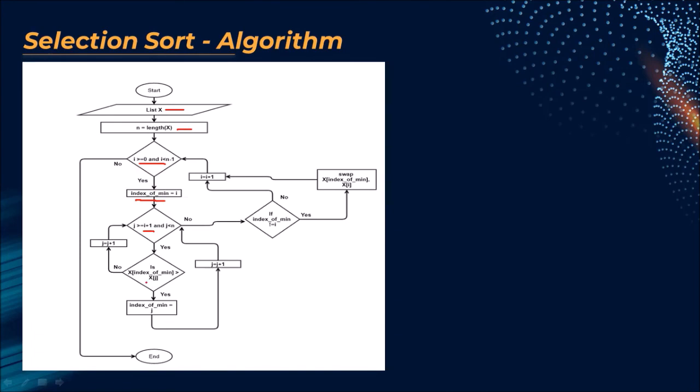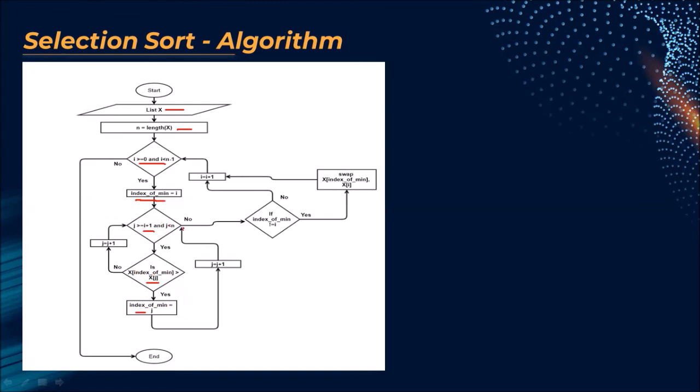If it is violated, then we make the index of minimum value equal to the index of the minimum element that we have found. If it is not, then there is no change in the index of minimum, and we keep on traversing till we complete the entire unsorted portion.